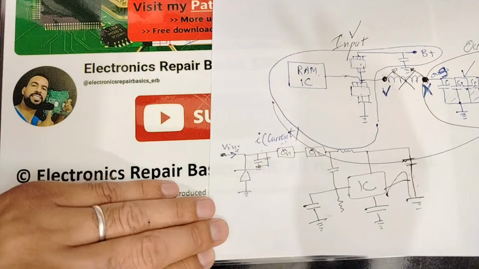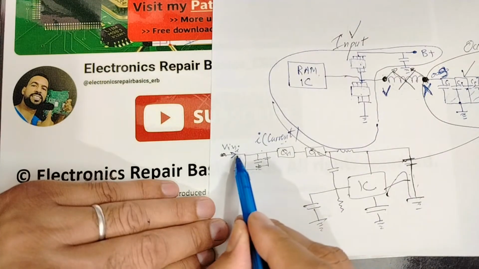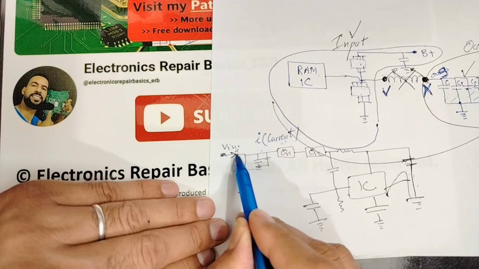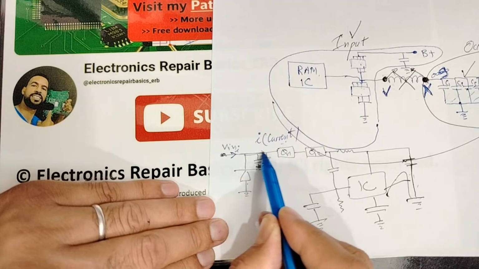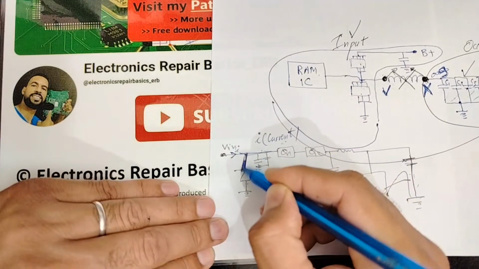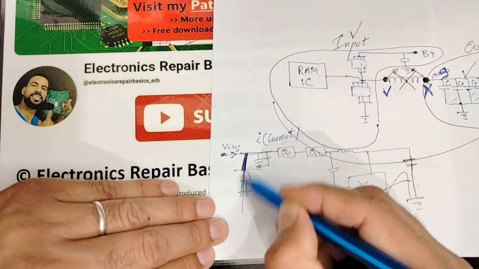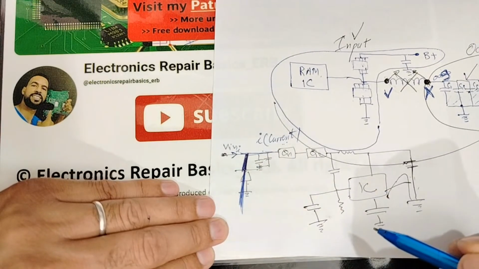Let's assume, for example, that the shorted one is the diode. The current will go in this side here, and here we will get a big flow, a huge flow of current.